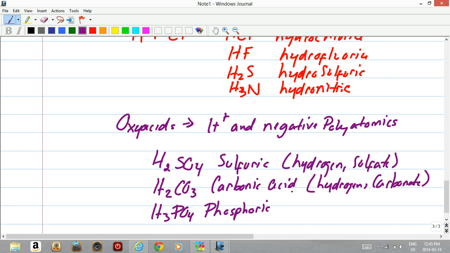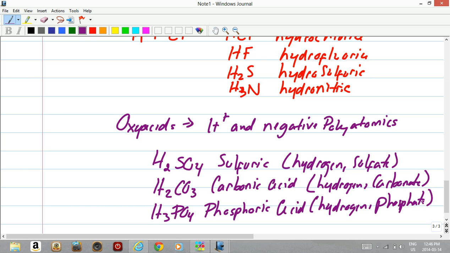So here's phosphoric acid, and we can see it's a combination of hydrogen with phosphate. Yes, that's right. Oxyacids are hydrogen and negative polyatomics.